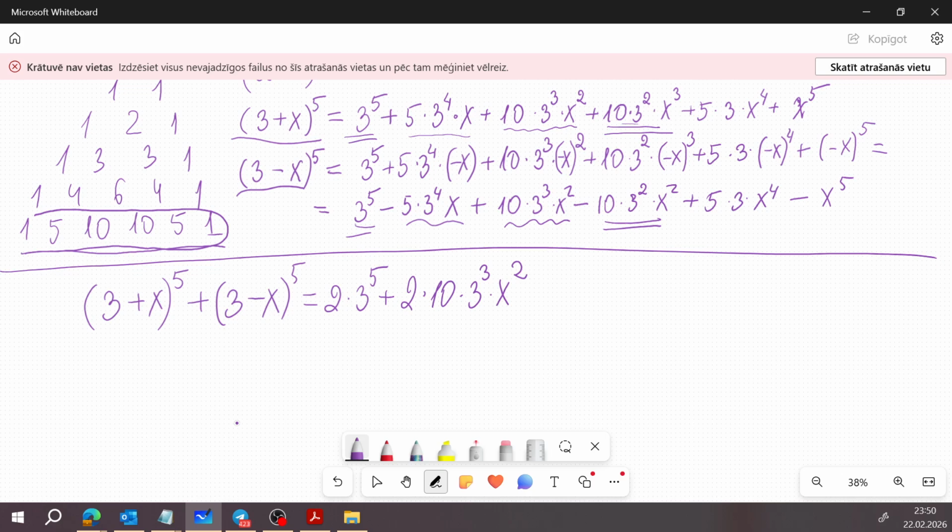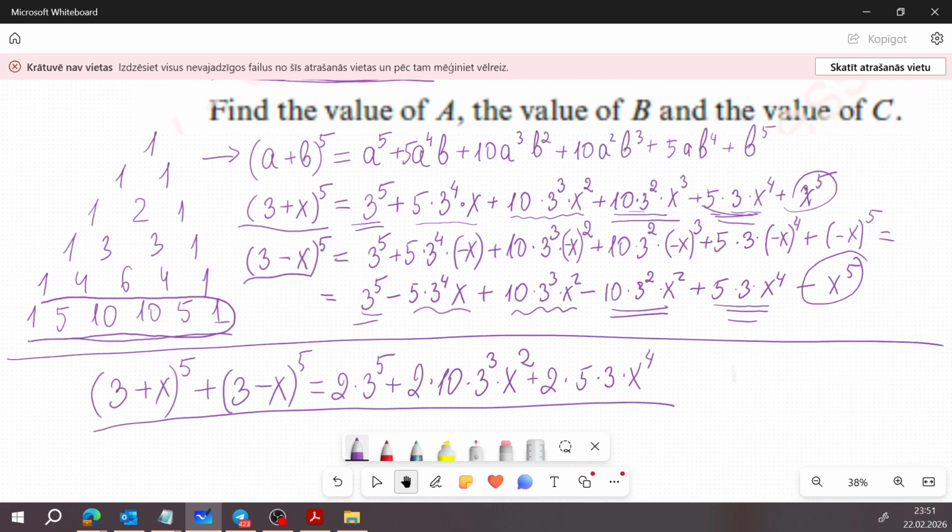The last terms, this and that, give plus 2 times 5 times 3 times x to the power of 4. And those terms will also be cancelled. So this is what we have.